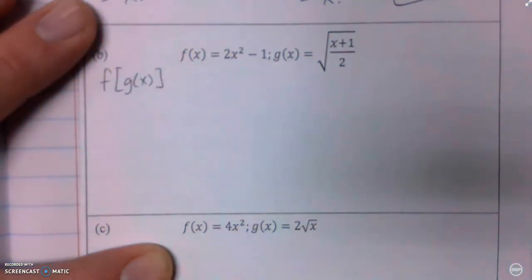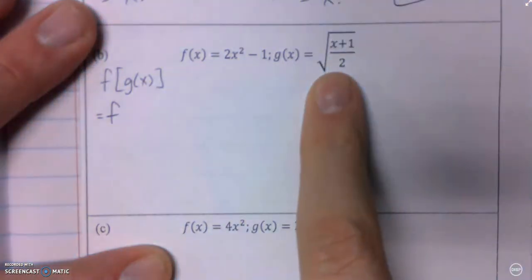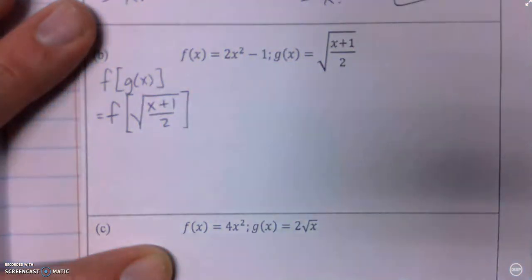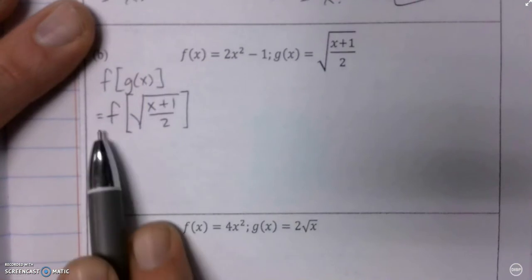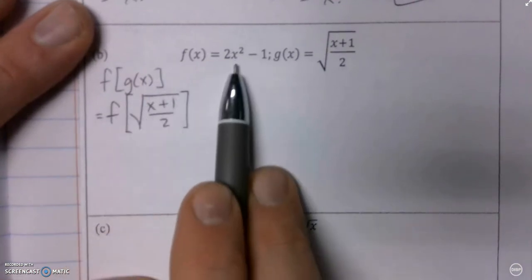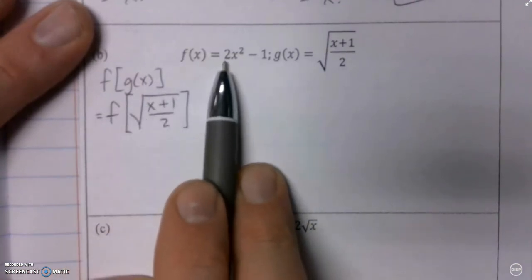f of g of x would be f of this stuff. Whoa. f of that whole radical x plus 1 all over 2. And then f says whatever the input is, square it, multiply it by 2, and then subtract 1.